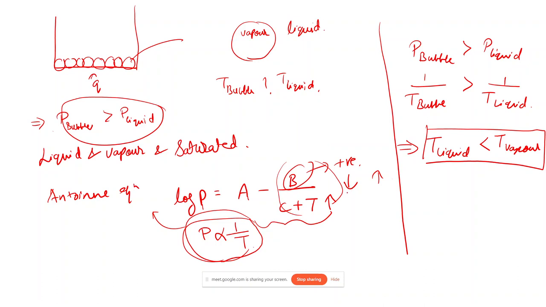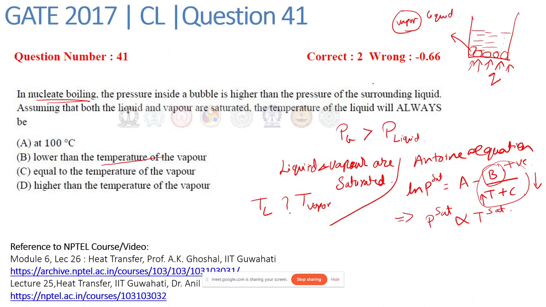Wait a minute. So from this equation here I have written that P is inversely proportional to temperature. So from the Antoine equation we can use this correlation, that the pressure is inversely proportional to temperature, and in the question we were given that the pressure inside the bubble is greater than the pressure inside the liquid.